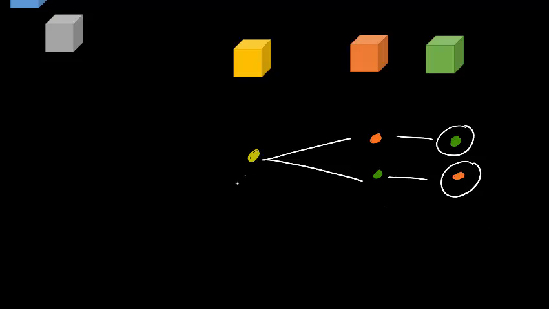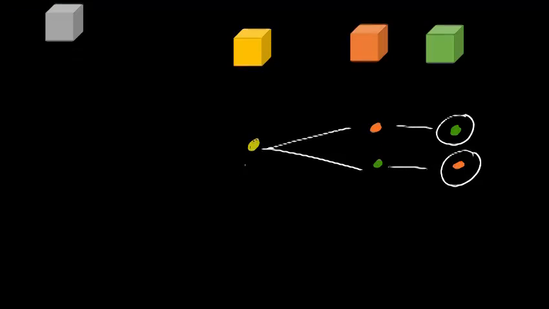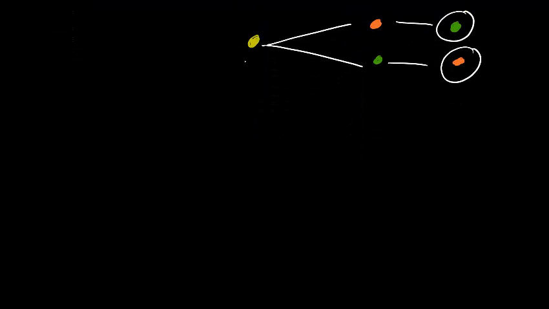Or I could have had the orange cube first, followed by the green cube, followed by the yellow cube, or the orange cube followed by the yellow cube, followed by the green cube. So we could have had that one, that one, that one, or that one.